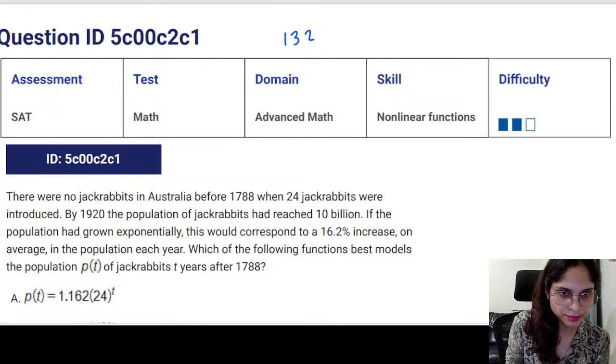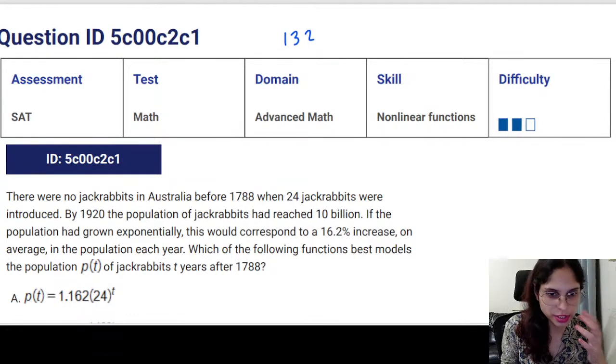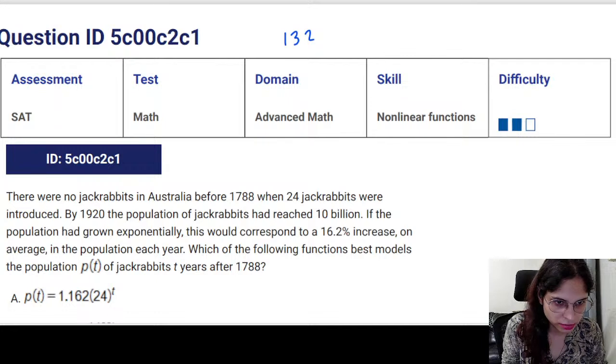So let me just put a filter. This is an Excel sheet that I'm making. And in this filter, we just want the quadratics to be there.